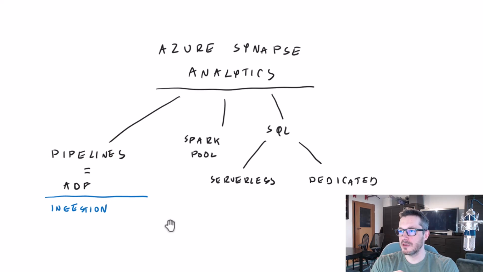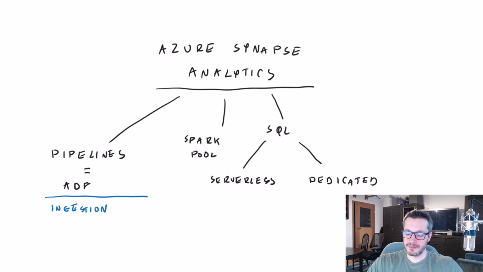And one more thing before we move forward is Fabric, because I mentioned Fabric already, that it's actually a successor of Synapse Analytics. So how does it relate to the DP-203 exam?